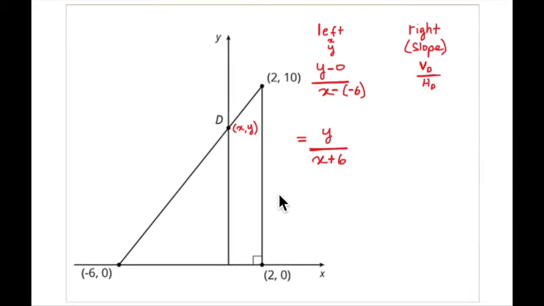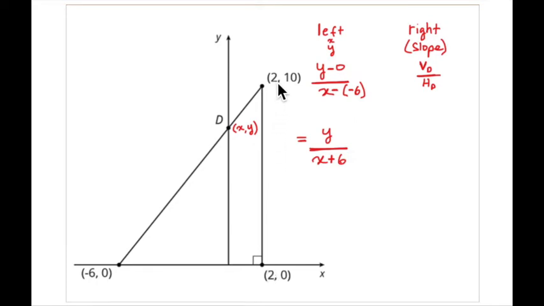Now what's the slope? The slope is the number of units in the vertical direction, so that's 10 units. That is right here, so it's 10 minus this 0, same thing. But what's the number of units in the horizontal direction? Well, it's the 6 plus 2 more units.